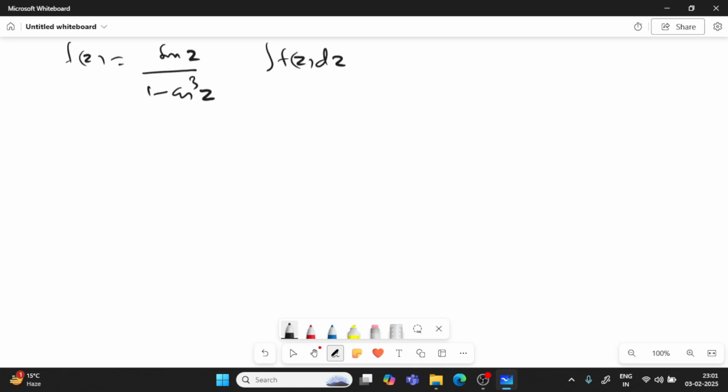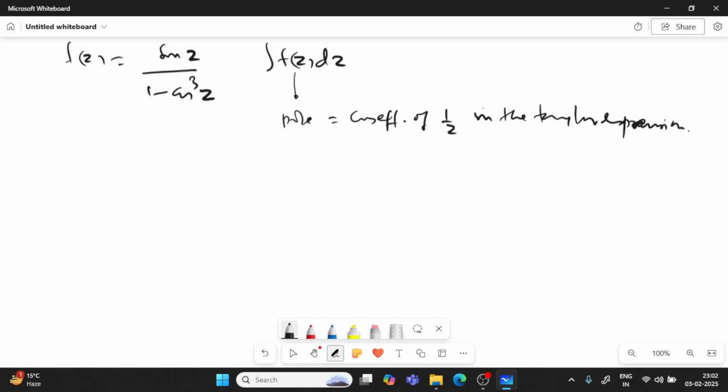For that we simplify the given function, and we have to keep two things in mind. To find the residue, we always know that it is nothing but the coefficient of 1 by z in the Laurent expansion.